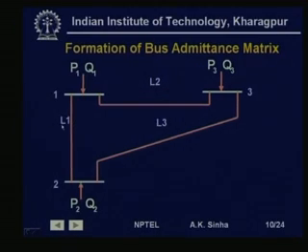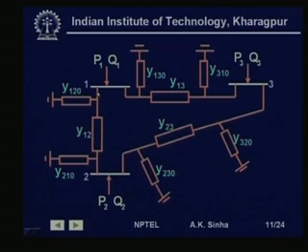Now, if you model these lines L1, L2, and L3 by their pi equivalent model, then the circuit will look something like this, as shown here, where for line L1 which is connecting bus 1 to bus 2, Y12 is representing the series admittance of the line, Y120 is representing the shunt admittance of the line, which is basically the line charging capacitance, at the end towards bus 1, and similarly Y210 is the shunt admittance of the line at the bus end 2.